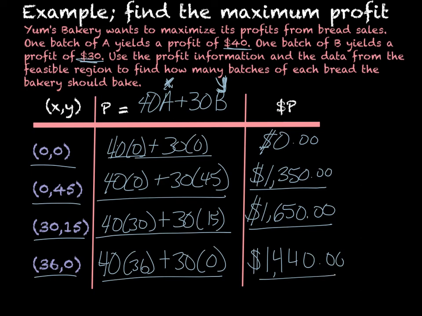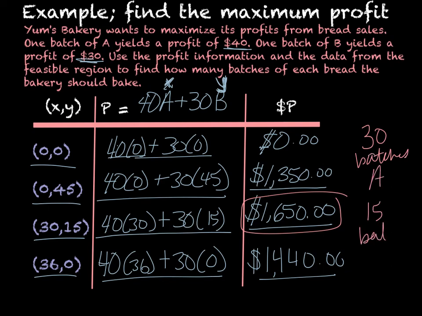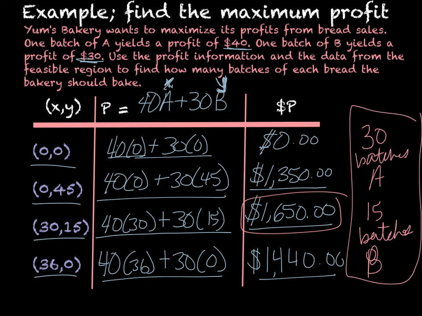So clearly the 1,650 is the highest value, so they should make 30 batches of A and 15 batches of B. And that's what they should do. And if they do that, then they should get a profit of $1,650.